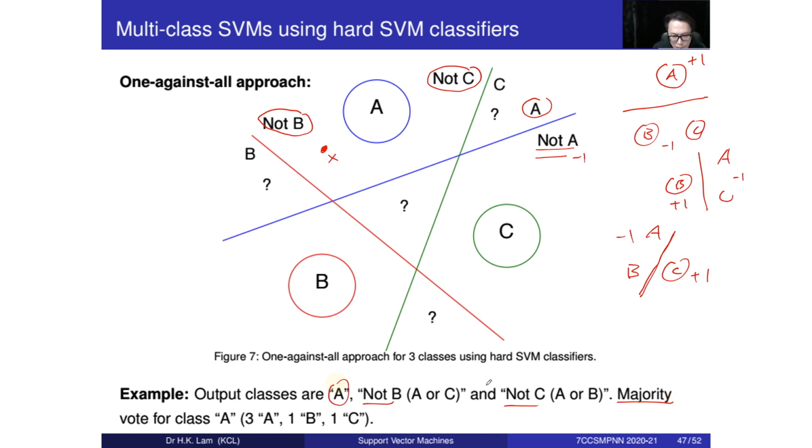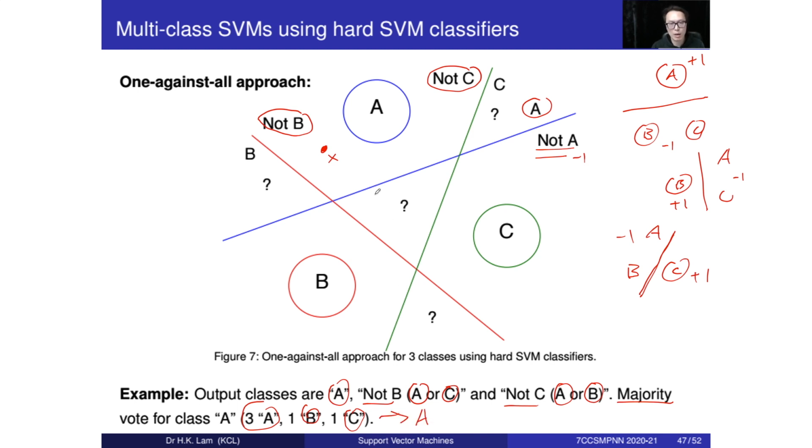We have 3 A, and then 1 B, 1 C. So the majority voting suggests that this is A.